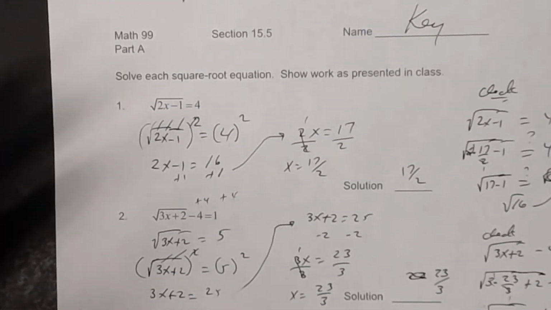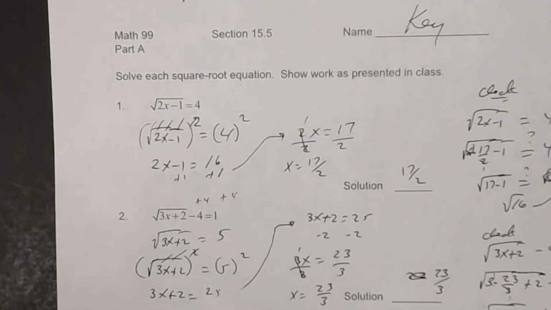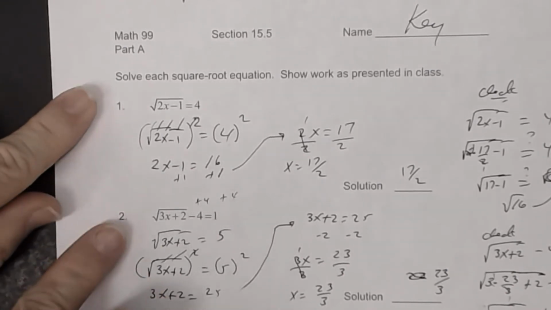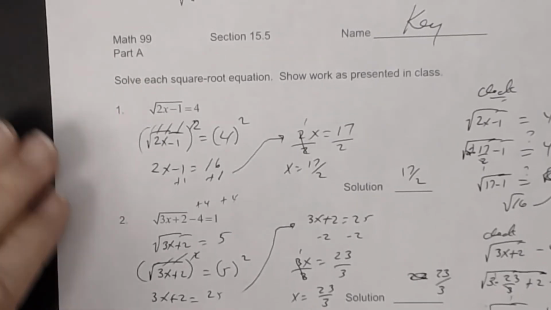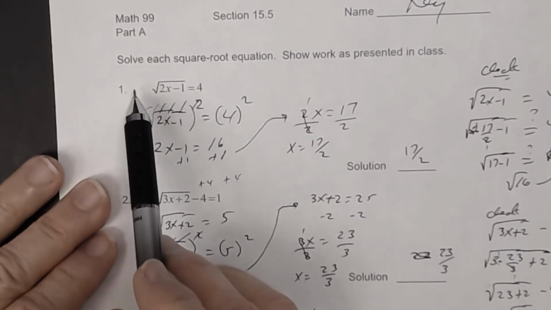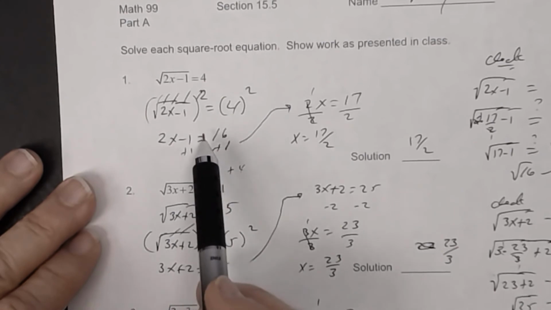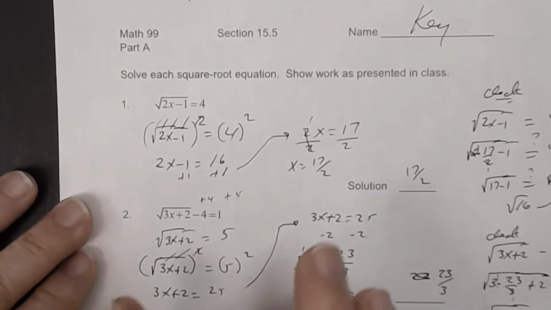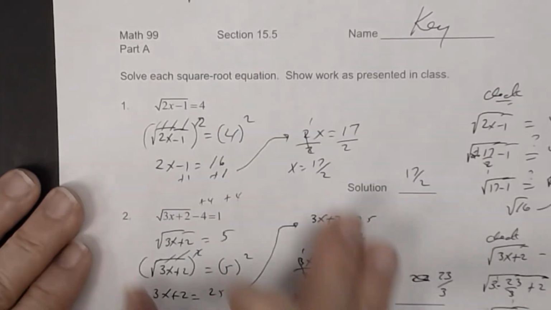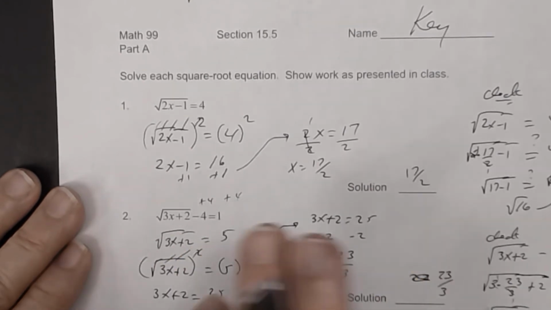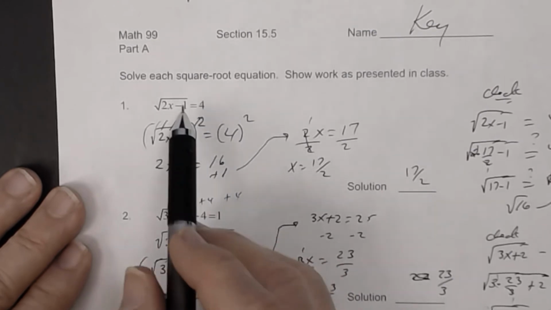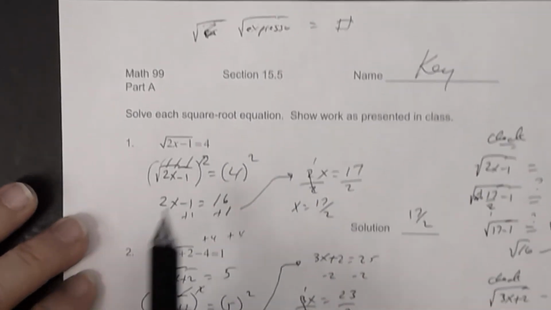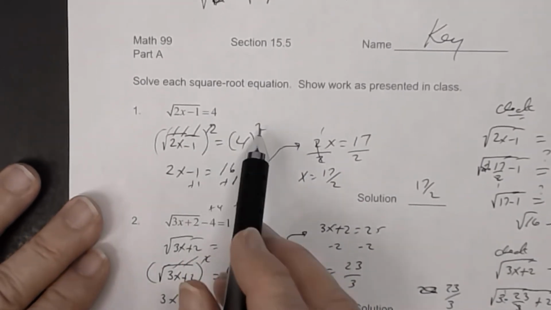So notice in part A, which is the easy kind, you have a radical equation. These radicals are square roots, and in part A, you're going from a square root equation to a linear equation in each case. So that's only in part A that this is going to occur. The other lessons are a little bit different, but the idea is the same. When solving a radical equation, you raise both sides to get rid of the radical.